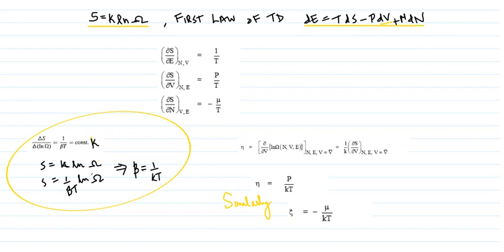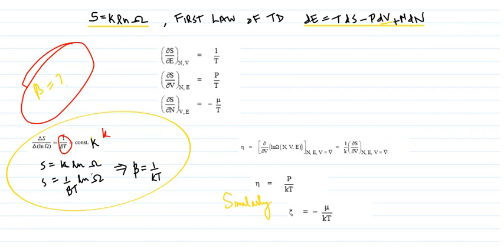Now at first what we are going to do is, actually we have already done this. We are finding out what beta is. In our earlier classes we had this equation, delta S by delta ln omega is equal to 1 by beta T, and this 1 by beta T is a constant, and that constant is k, the Boltzmann constant, right?